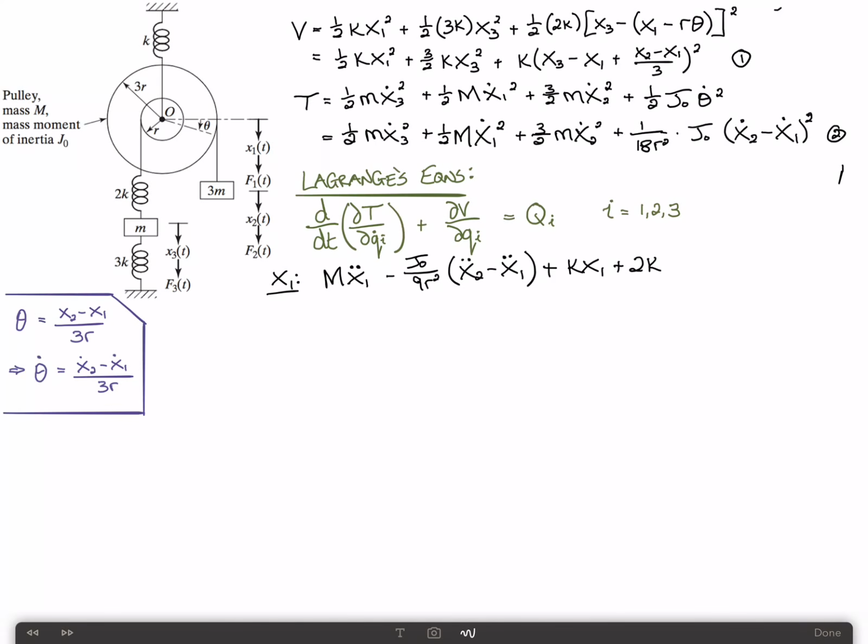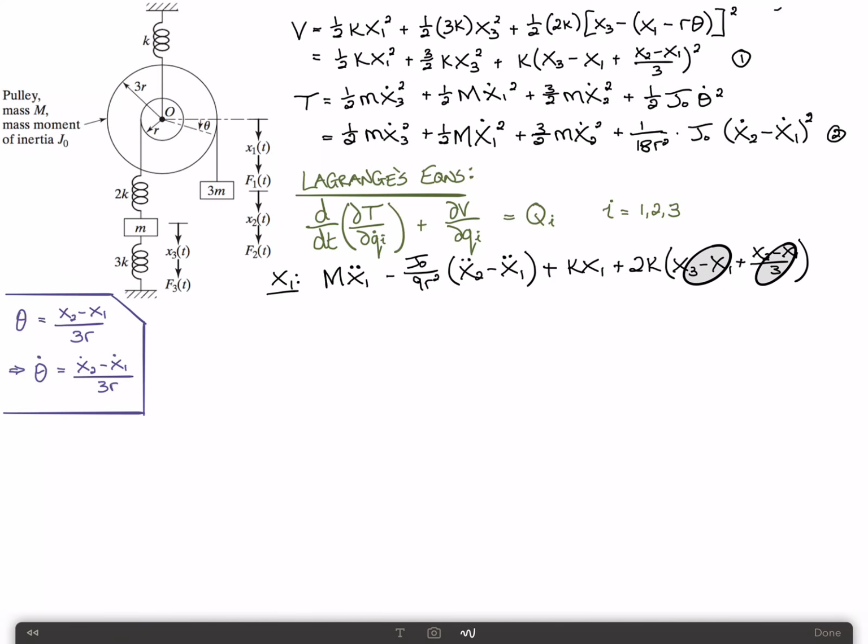And the derivative of what's on the inside is 2k times x3 minus x1 plus x2 minus x1 over 3, times the derivative of the inside. The derivative of this gives me minus 1.